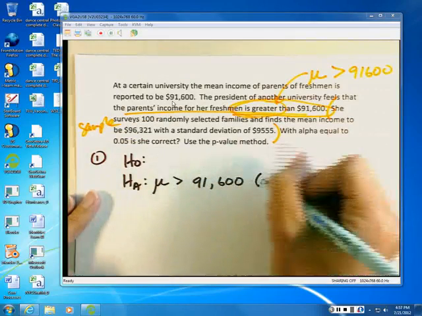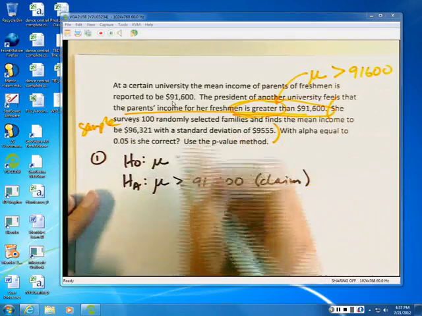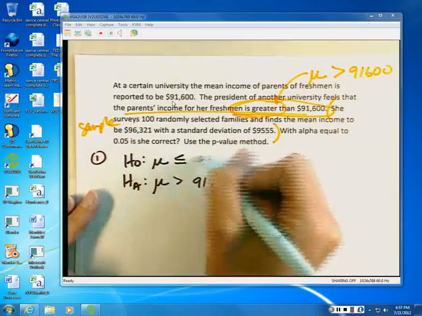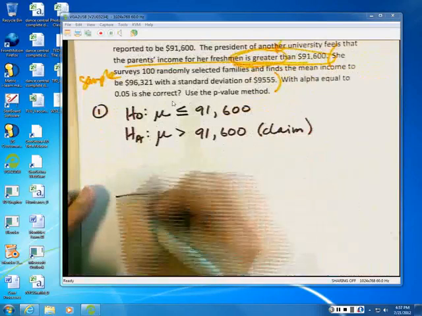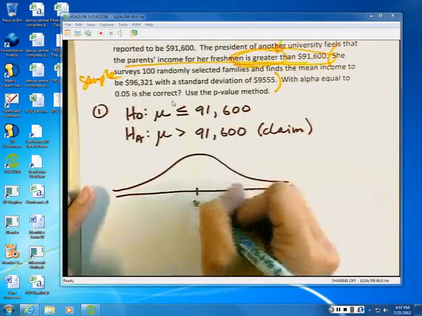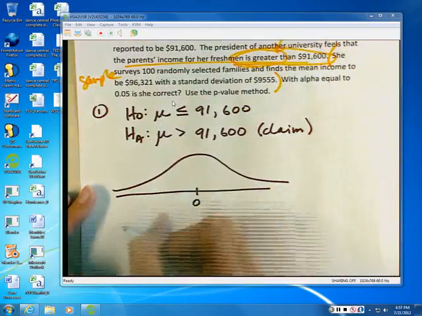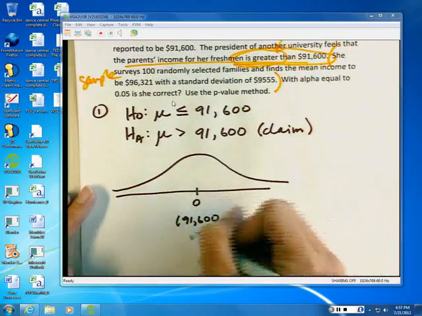This is the claim. And mu, if it's not greater than, it's less than or equal to 91,600. So I'm using that 91,600, and I'm going to put 0 here. And then underneath that, that's the 91,600 because we're assuming that's mu.